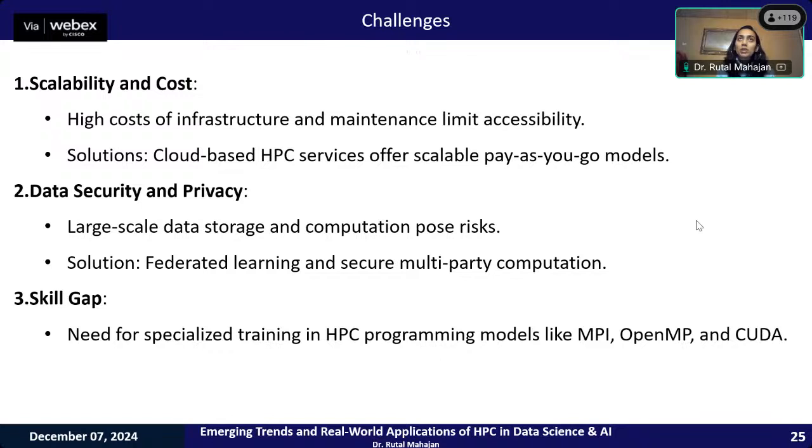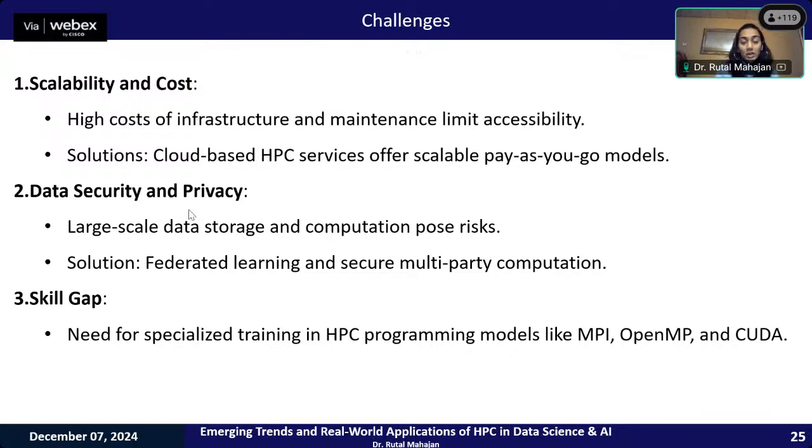Many companies like AWS, IBM and Microsoft Azure offer these cloud-based HPC services. For small-scale things, we don't need to set up our own infrastructure. We can choose cloud-based HPC services.